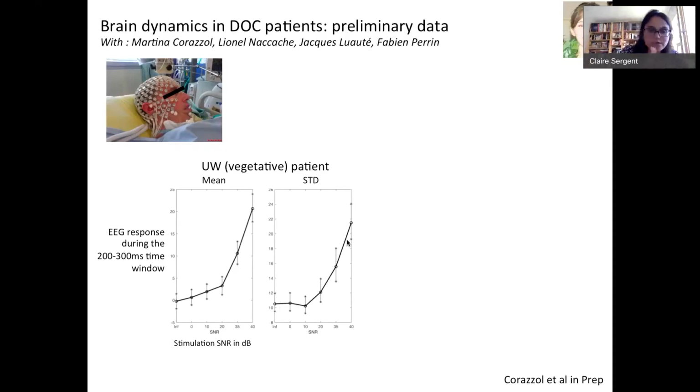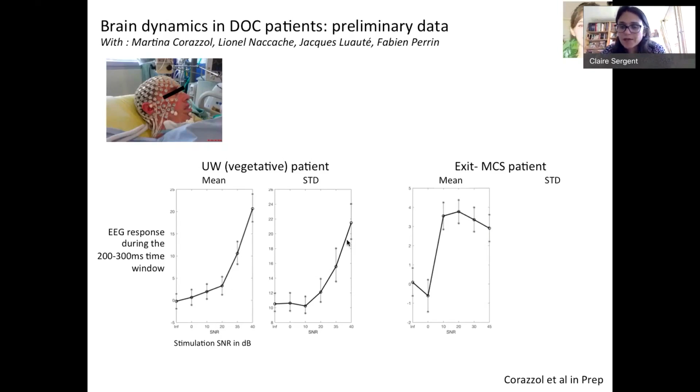So it seems that, in this vegetative patient, we have a clear sign of only unimodal dynamics and no evidence for bifurcation, so maybe no evidence of these mechanisms of conscious access. Okay, that's a possibility that's really work in progress.